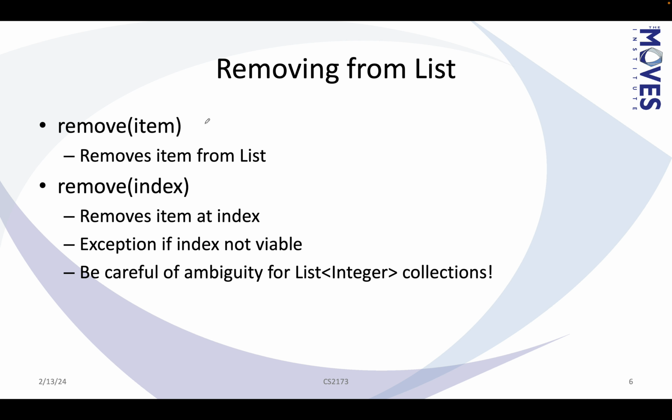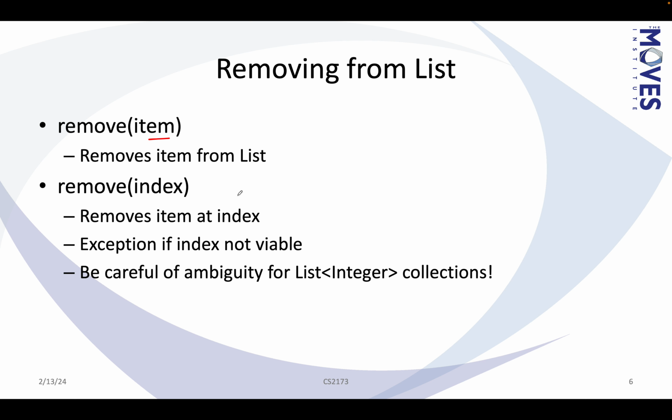Oh, okay. So now here's the thing: for a given list, we can remove a particular item. And so if I have a list of strings and I say remove George, it'll go and try to find George and remove the first one.